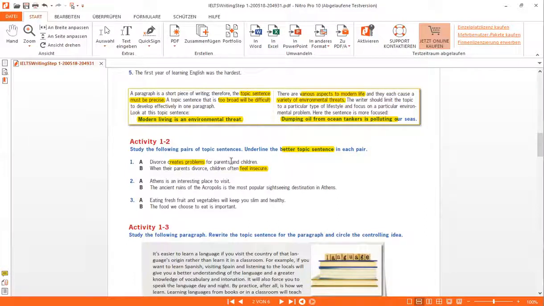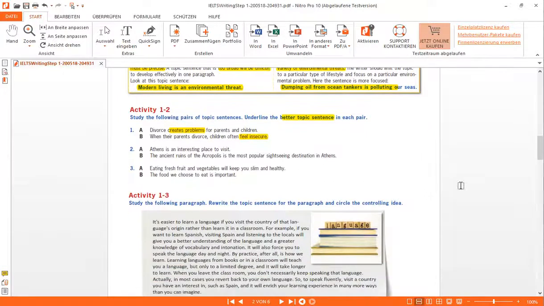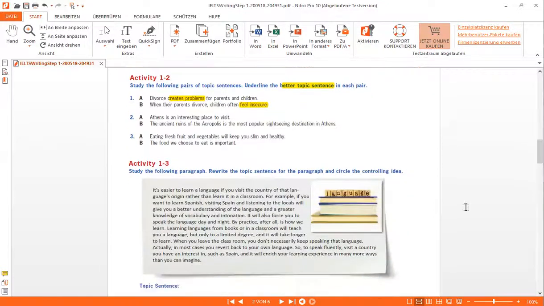Creates problems, what kind of problems? You will need to talk about a lot of them to illustrate this point. However, this sentence will fit well in the introduction as a perfect first sentence. Try to solve 2 to 3 and then check your answers on the last page.